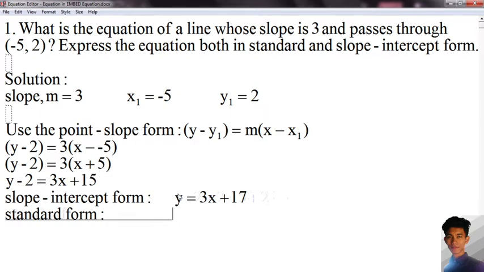So, what we're going to do is just copy this. Now, kailangan lumipat nitong 3x. So, preferably, dapat 3x ang una nating isusulat, no? So, meron tayong 3x dito. So, nagsubtract tayo ng 3x. Ganun din sa kabila.